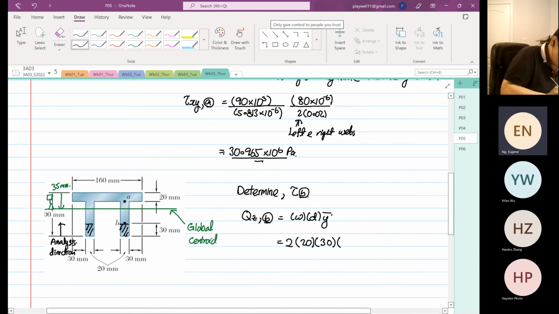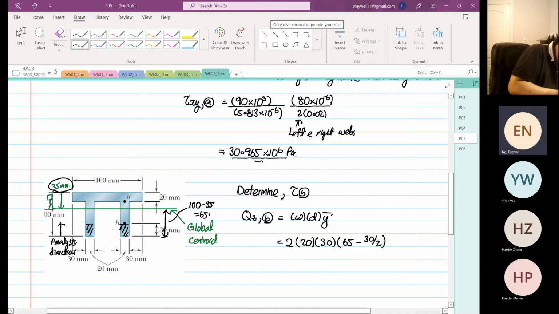The y bar: we know that this is 35, so the distance from here to here is 100 minus 35, which is equal to 65. So it's 65 minus 30 divided by 2.